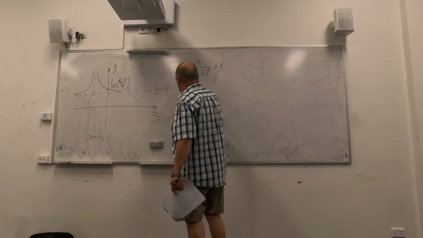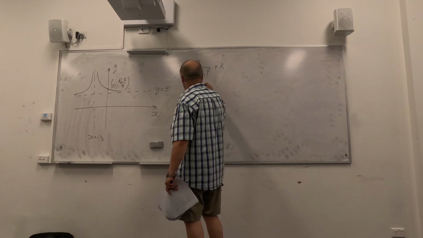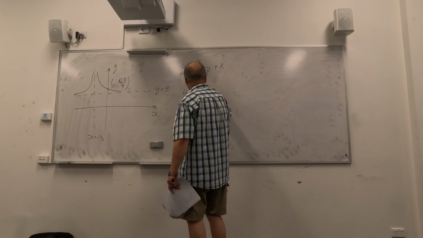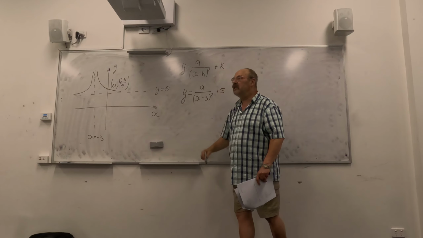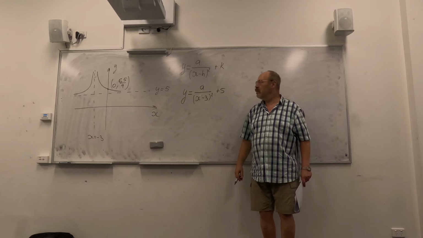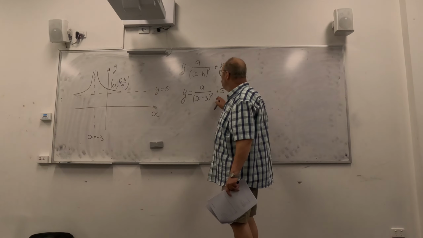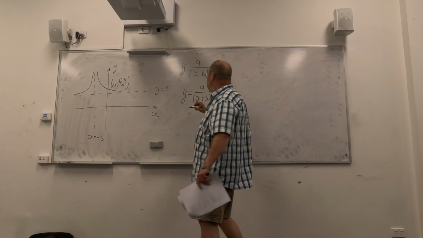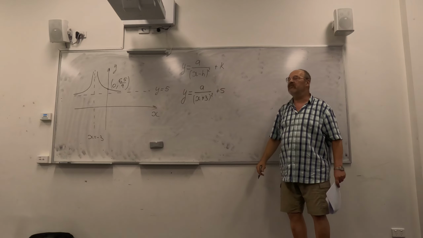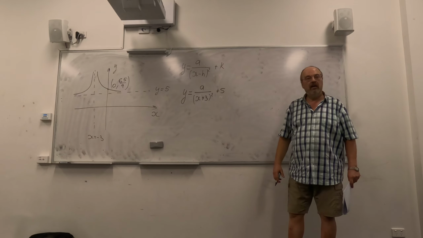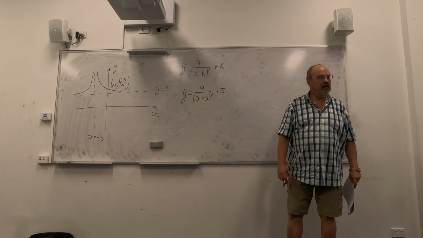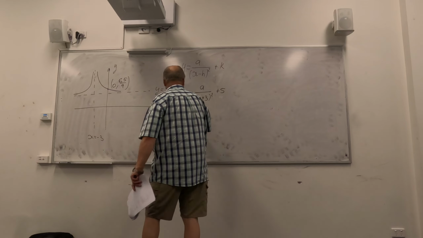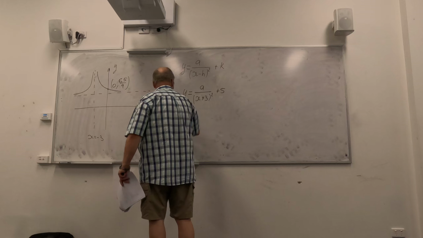So just looking at the asymptotes, we can say that it's a over (x plus 3) squared plus 5, since h is -3, double negative. How can we identify a? Substitute the point x equals 0, y is 65/9.